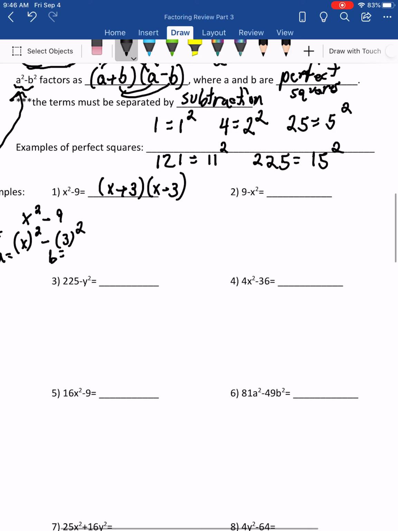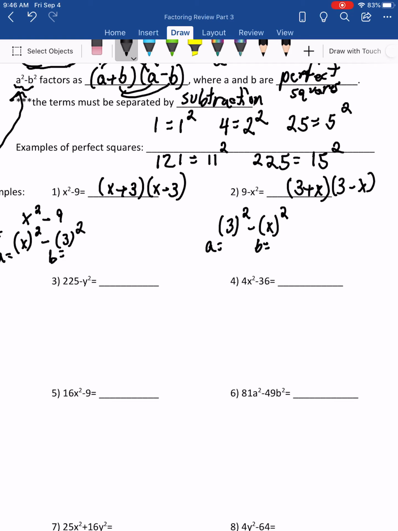All right. Number 2 is the same thing, but it's backwards. Okay? So the 9 comes first. That's really 3 squared minus (x) squared. So a is 3, b is x. That's going to factor as 3 plus x times 3 minus x. Okay? And the order depends on what you start with.